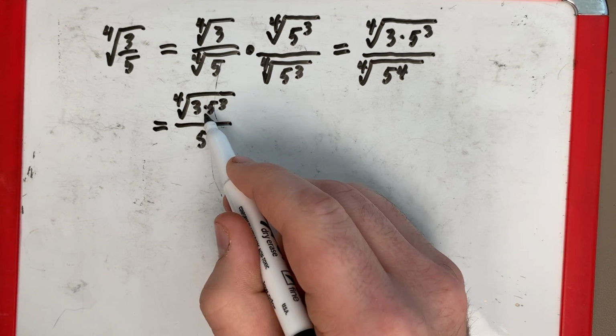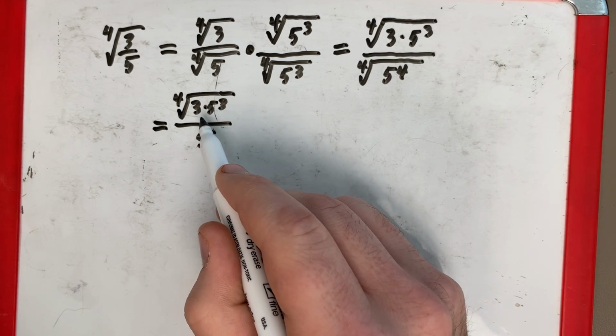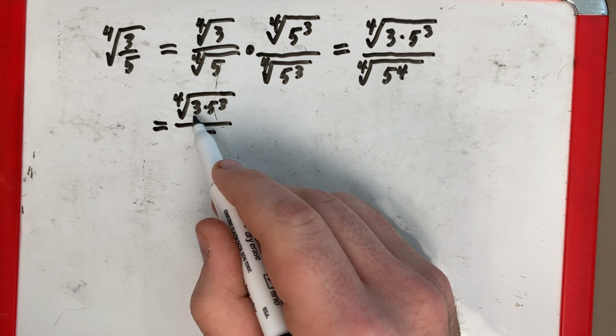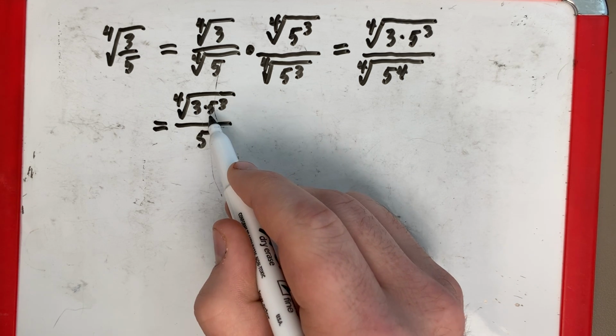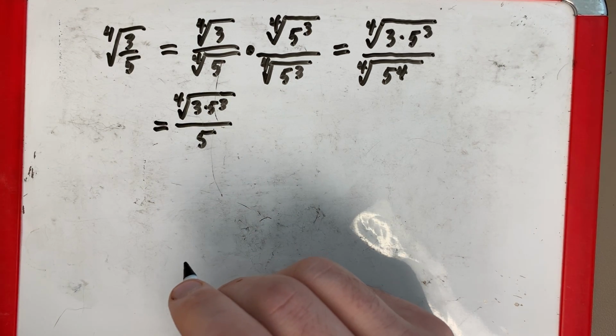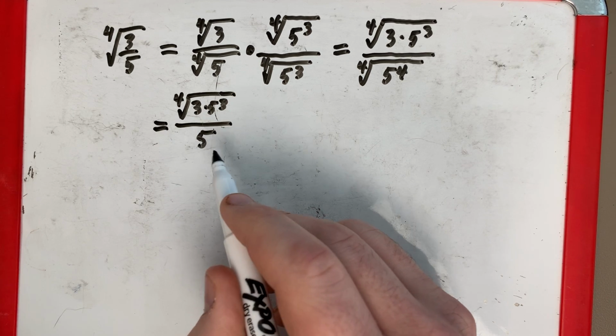Now looking at this, I can't simplify this anymore because I have 3 5s and I only have 1 3. So neither one of these factors has enough power to kill off this radical. So we're stuck with what we have on the inside.